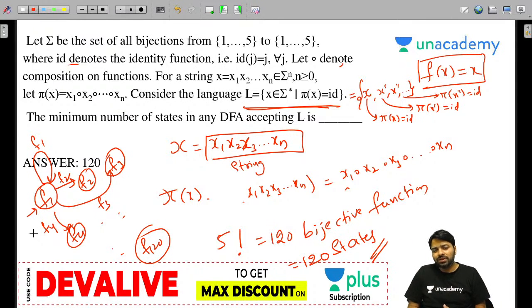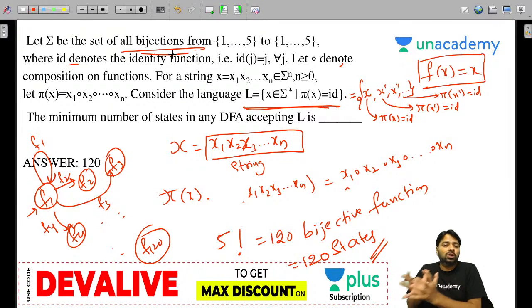But in the exam, can you show 120 functions? No, only we understand. It's a numerical type. By looking at this, it's talking about bijective functions. Then how many bijective functions are there? 120. I have 120 symbols, so 120 functions, and there could be 120 states. You can predict, but by understanding you can do it very clearly.